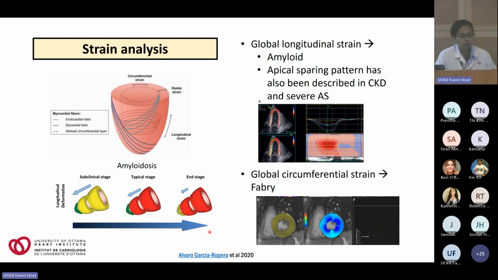This can be very helpful because the presentation earlier could be with normal function, and our only clues could be these strain patterns. With Fabry, it's been reported to have also a global circumferential strain abnormality, also going from base towards the apex. But these are not specific findings either.